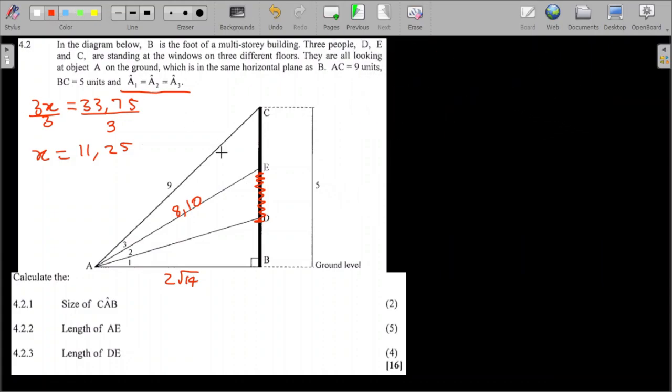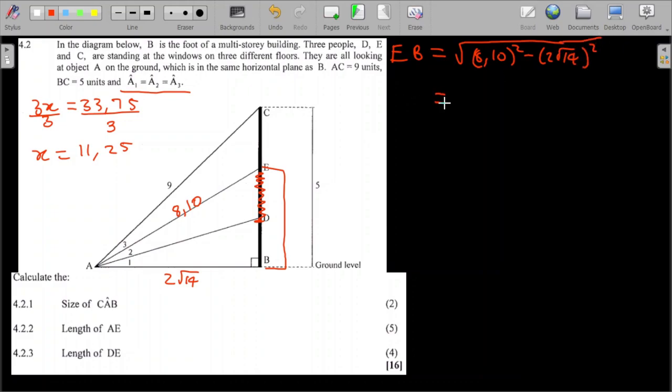So now going there, finding this here, first thing we need to at least find the length of UEB. How to find that one? Remember, we do have this and that. So meaning this is Pythagoras theorem because this is a right angle triangle. So finding UEB is going to be equal to the square root of my hypotenuse side, which is 8.10, squared minus this side here, which is 2 square root of 14 squared.